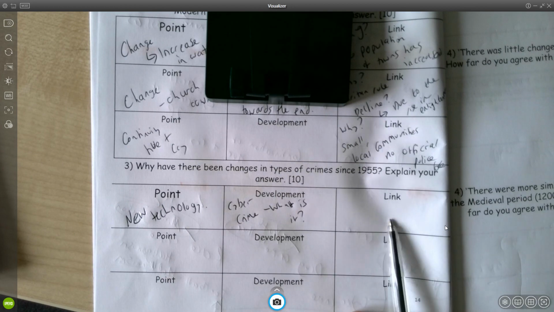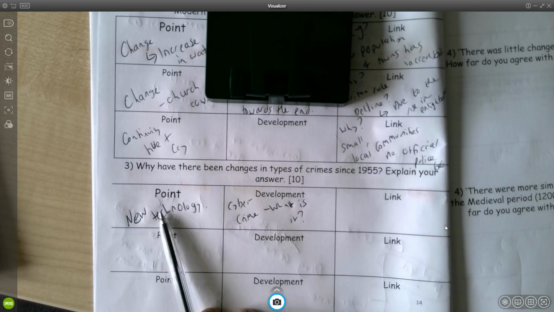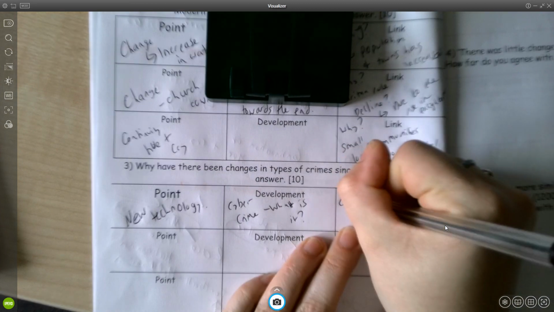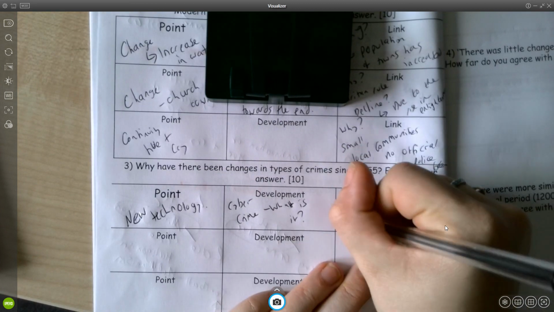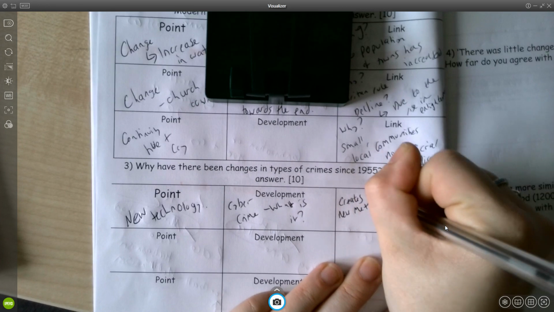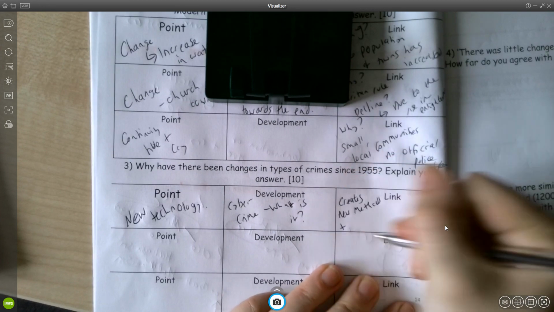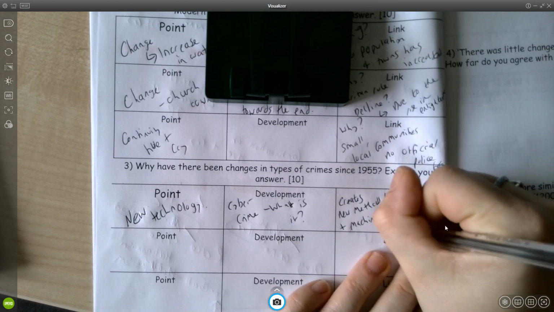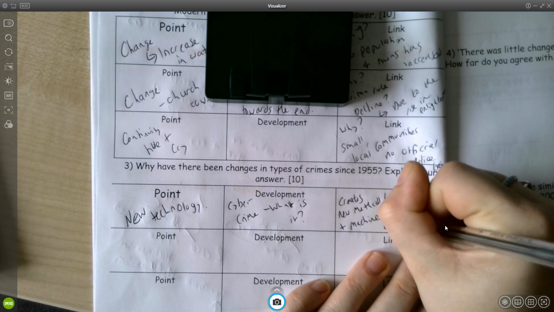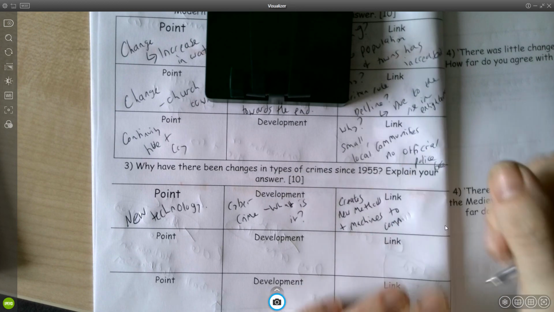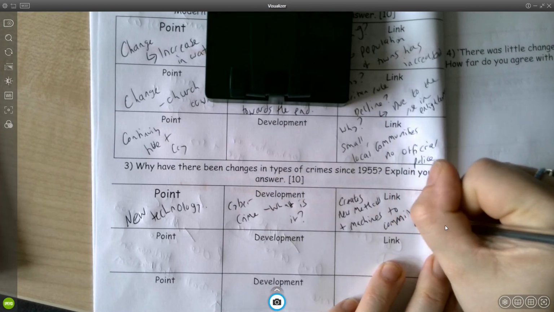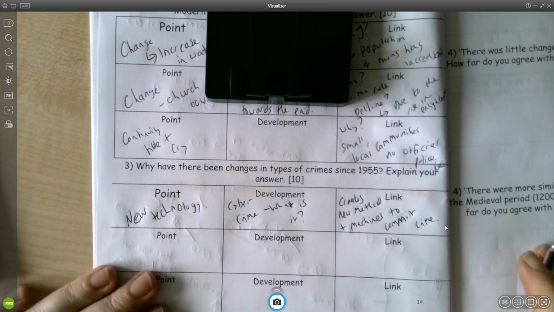What you need to explain is why new technology leads to cybercrimes. So, for example, creates new methods and machines to commit crime. Cybercrime emerges because this new technology allows people to commit crime.